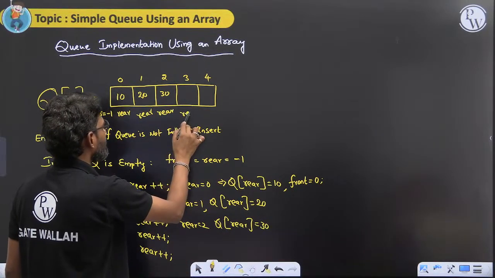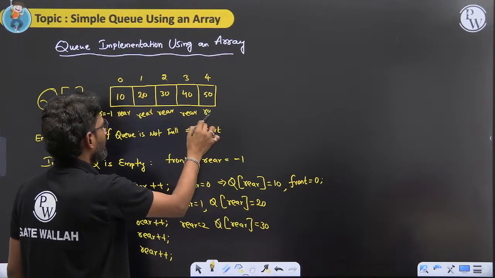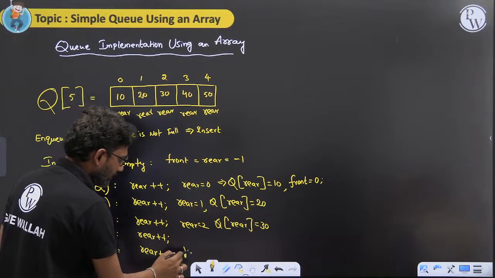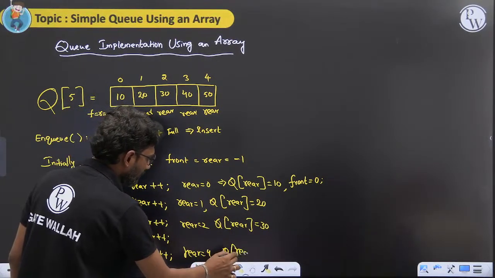Next rear becomes 3, queue of rear is equal to 40. Rear becomes 4, queue of rear is equal to 50.